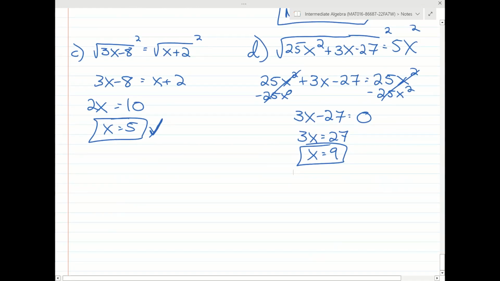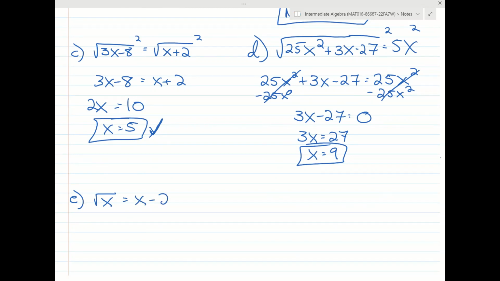Let's keep going here. What if we had the square root of x is equal to x minus 20? Square both sides.